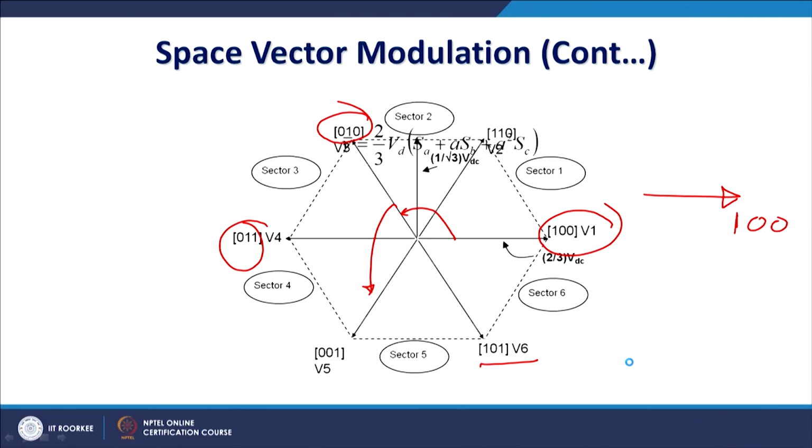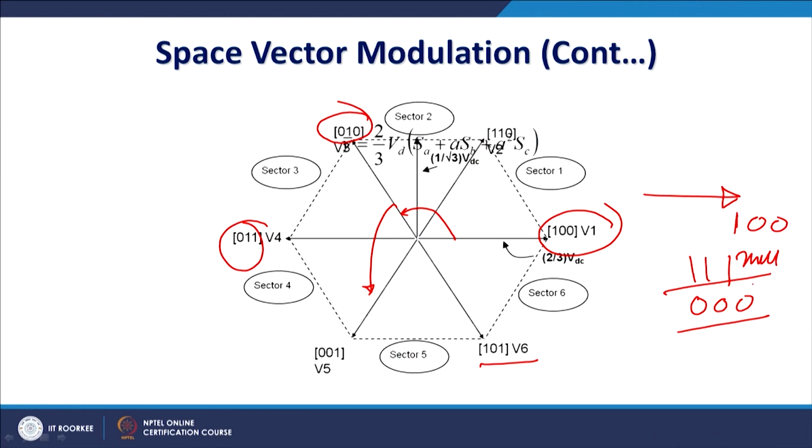You can go back: there are 6 states and 2 other states, 1 1 1 and 0 0 0. This means SA, SB, SC are all connected to the upper pole, or all 0 0 0 are connected to the lower pole. These two are called the null vectors.